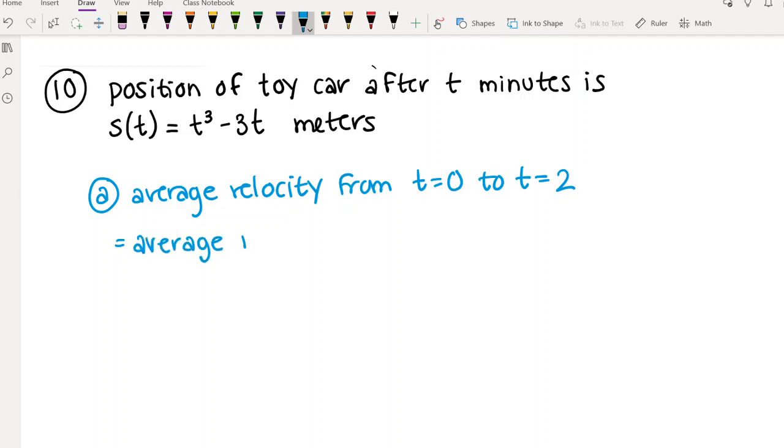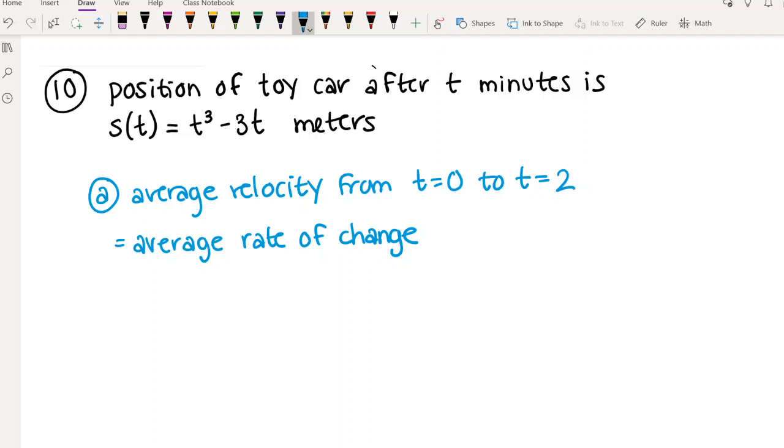For example, I gave an example way at the beginning of the quarter: if you're going on a car ride and your speed is varying over the trip, but you look at your starting time, your finish time, and how far you traveled, that will tell you your average speed over the trip, or your average velocity.